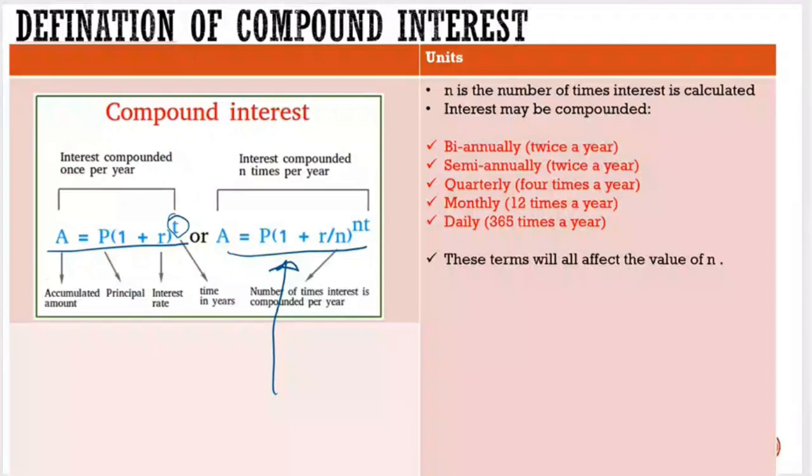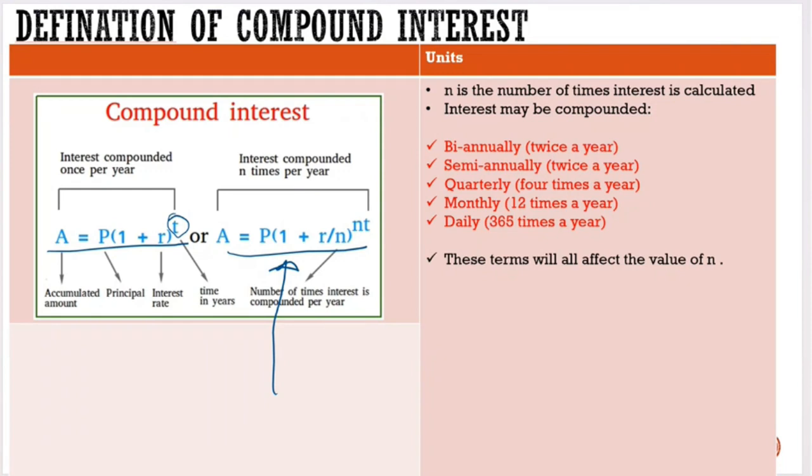So also the same thing, your N is the number of times the interest is calculated. The interest may be compounded. When we are talking about compound interest, remember the interest rate that we were calculating for simple discount and simple interest was not compounding. It was only the time that was short. But in this case, your interest can be compounding.